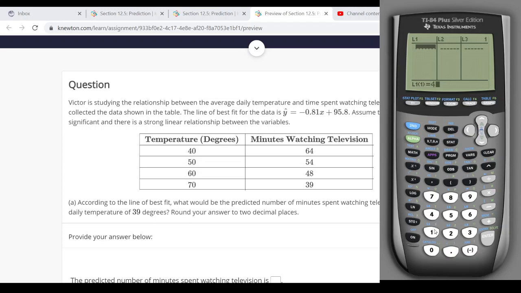The independent variables, so 40. And there's not too many, so I'll let you watch me enter all the data. So there's the 4 temperatures, and then their corresponding number of minutes watching television on days with those temperatures. So these will be the y coordinates of my points.